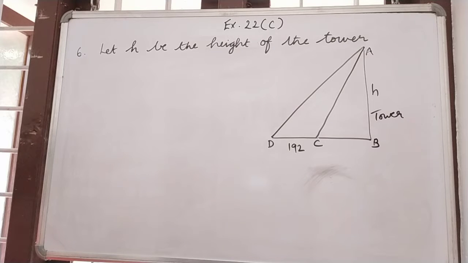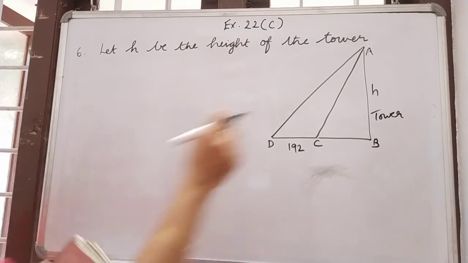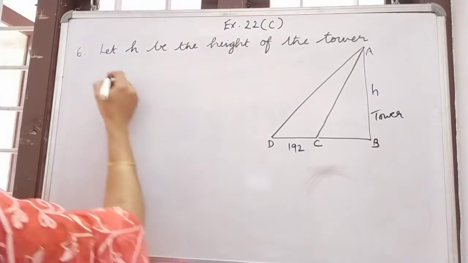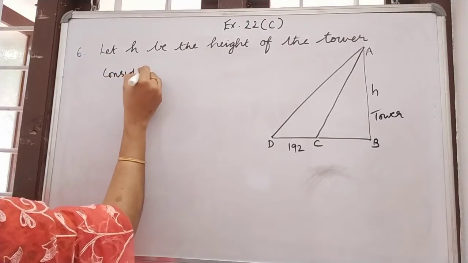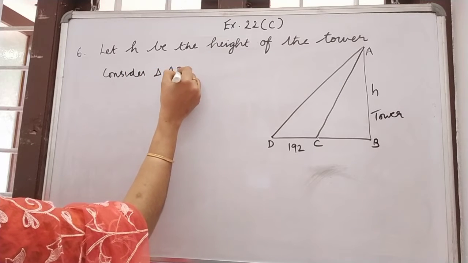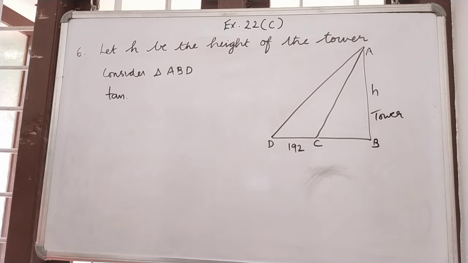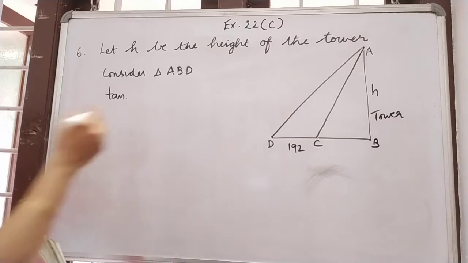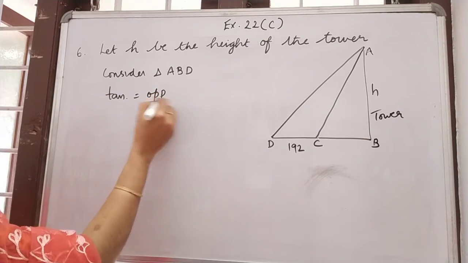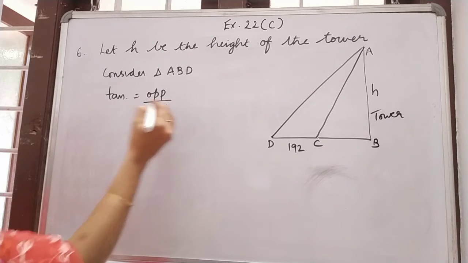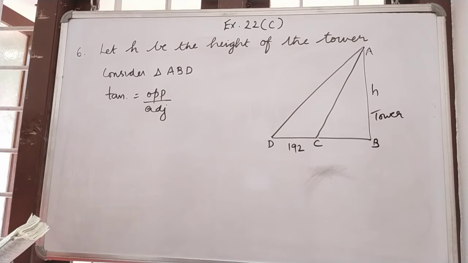If we consider triangle ABD, tan is opposite divided by adjacent, and tangent is given as 5 by 12.